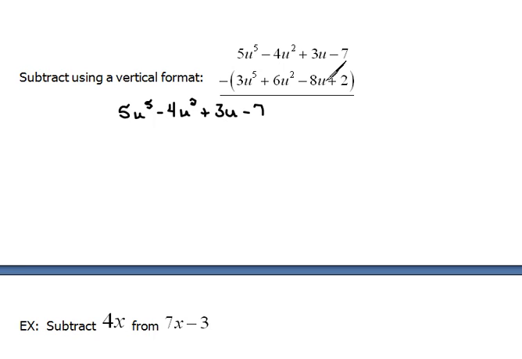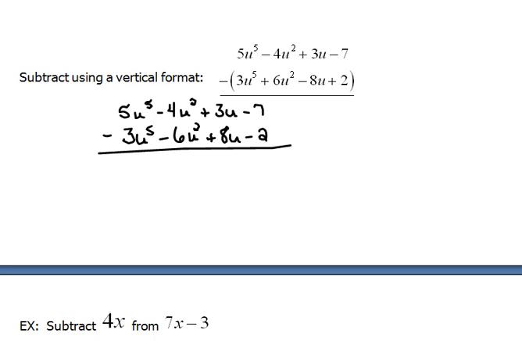And I'm going to rewrite the bottom polynomial, but this time I have to distribute out the negative. So I'm going to say minus 3u to the 5th minus 6u squared plus 8u minus 2.